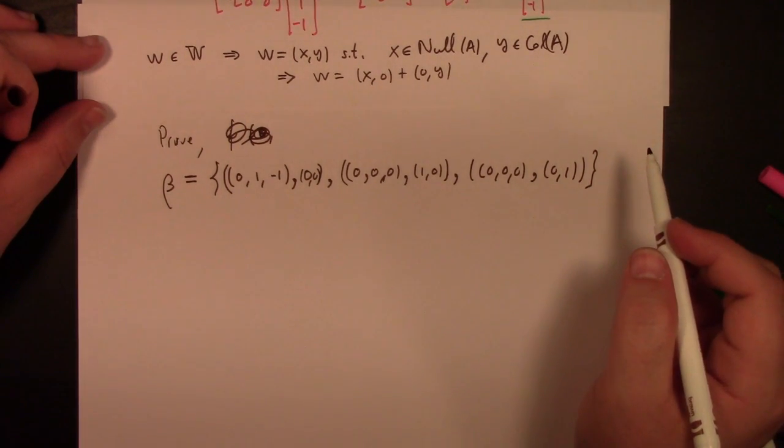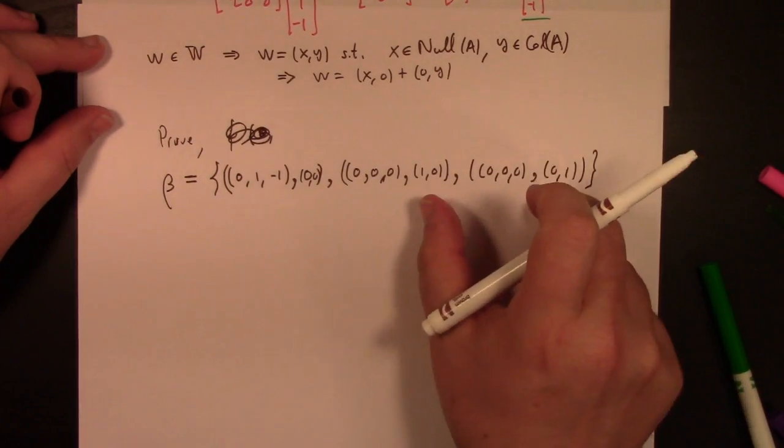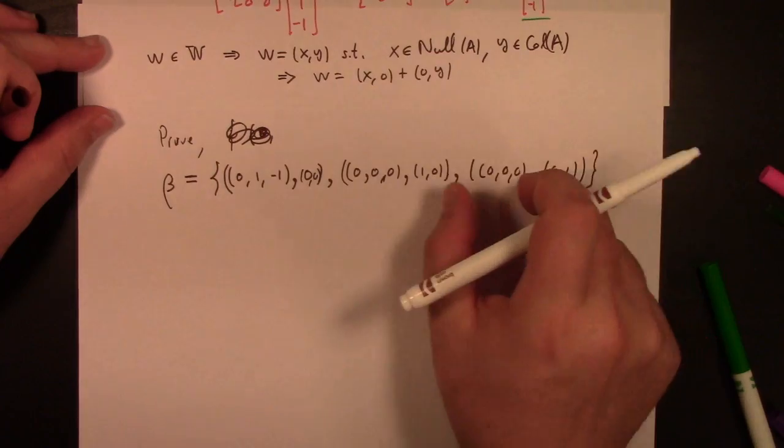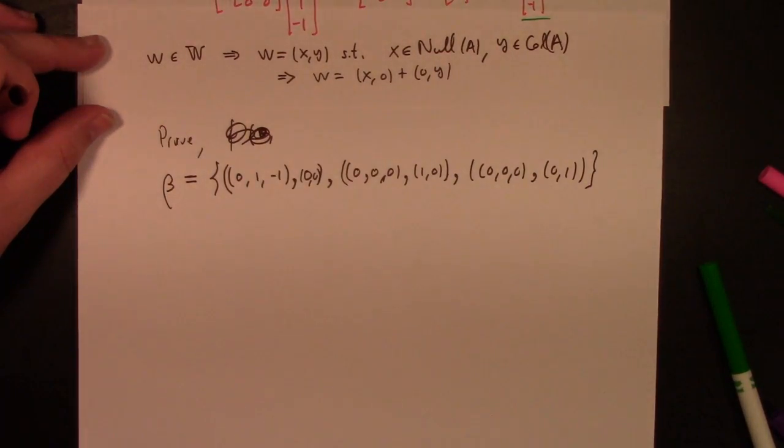Let's see here. So what I have here, of course, is 0, comma, the basis for the column space, and this is the basis for the null space, comma 0.